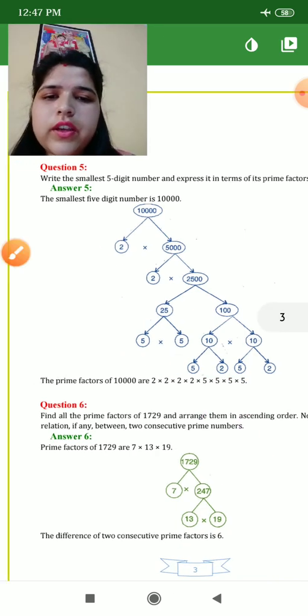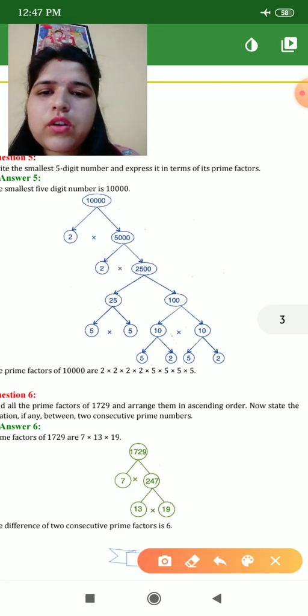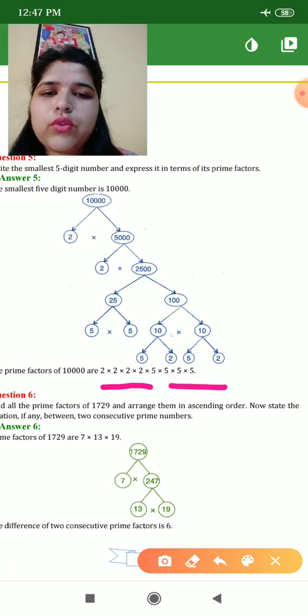You can see here, 4 2s are there and 4 5s are here.